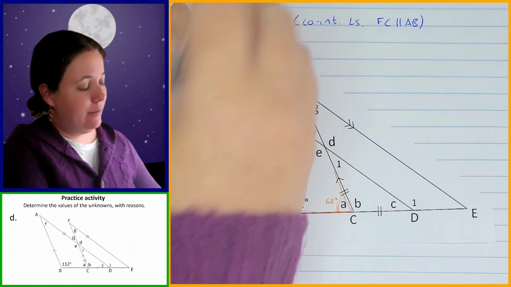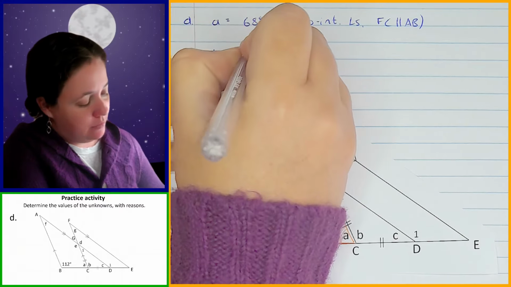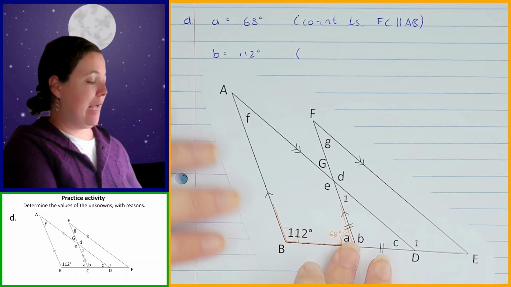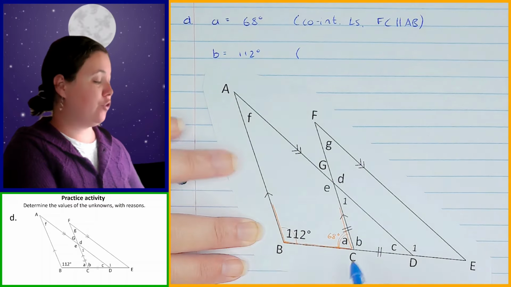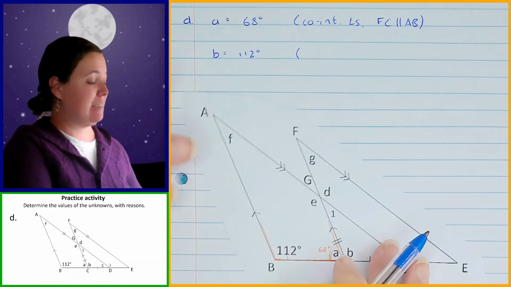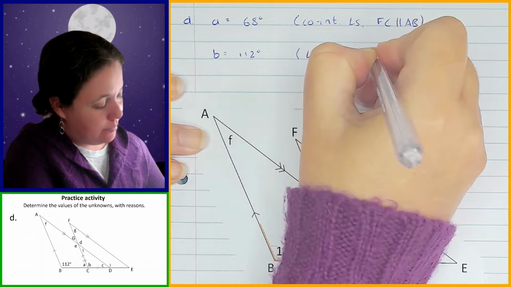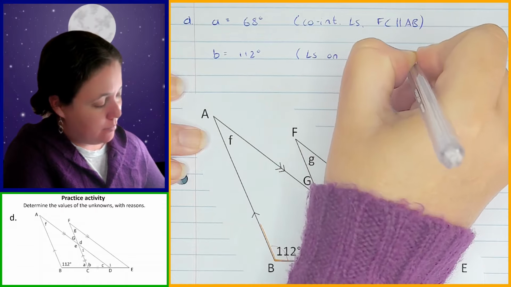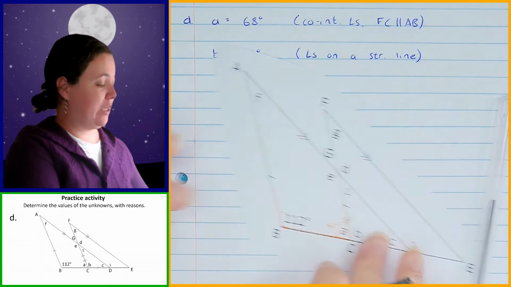So B is equal to 112 degrees, and you can use corresponding angles with those parallel lines as your reason, or you can use angles on a straight line. It doesn't matter which way you did it. Okay, so now I know that this is 112 over here as well.